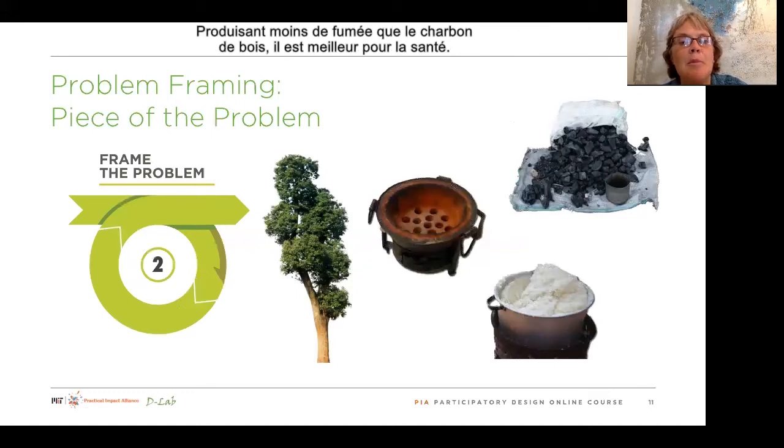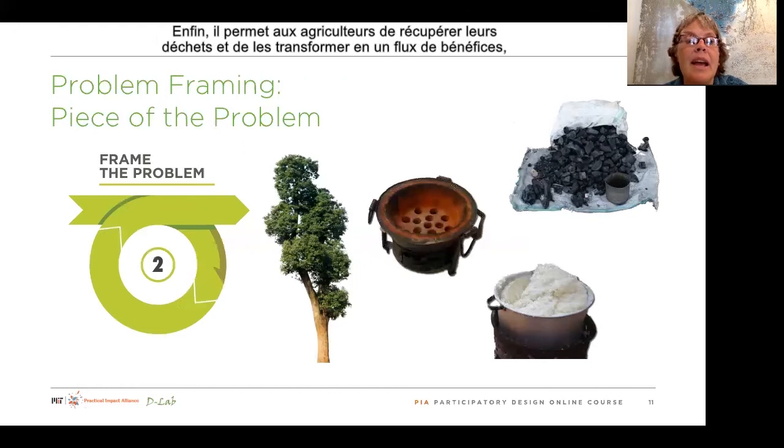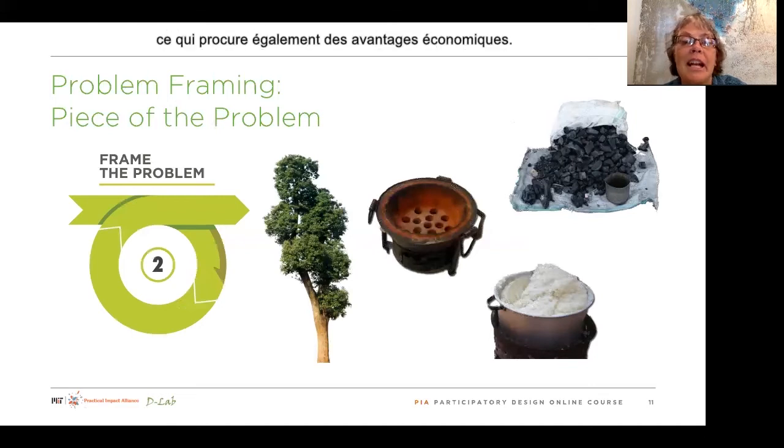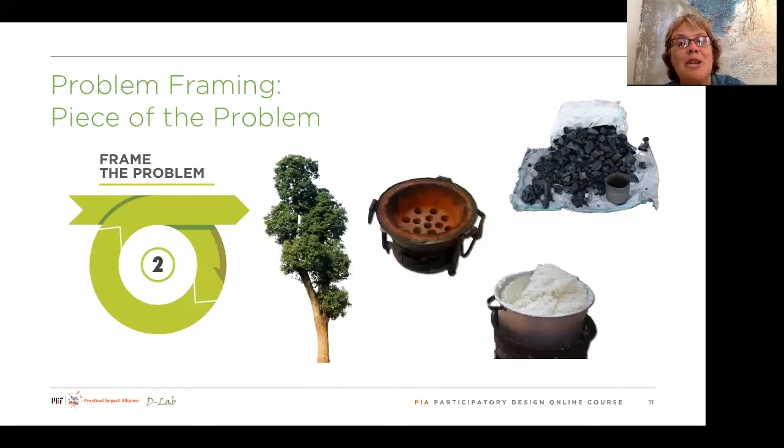It turns out that making an improved cooking fuel has a variety of other benefits as well. It produces less smoke than wood charcoal, so it has health benefits. It's easier to light, so it's easier to use. And finally, it allows farmers to take their waste materials and turn them into a profit stream, which provides economic benefits as well. So being creative in our problem framing allowed us to generate a variety of benefits to our solution.